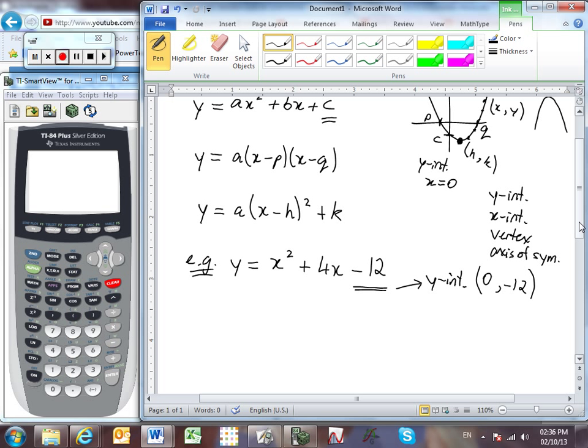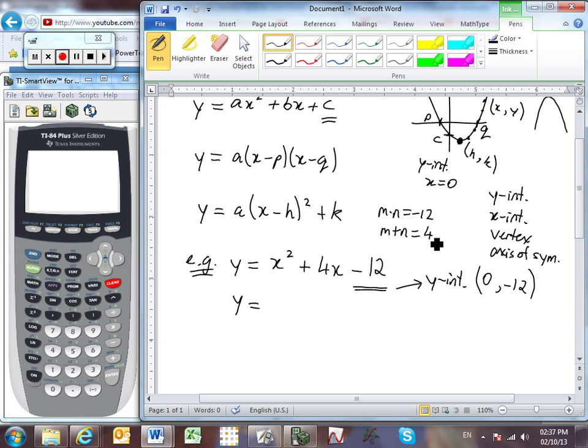Now in my second form, in order to find the x-intercepts, I've already got the y-intercept of negative 12. To find the x-intercepts, I want to express it in factored form. So let's factor. Because I've got a 1 in front of the x squared, this becomes a very easy trinomial to factor. I'm just looking for 2 numbers that will multiply to give negative 12, and meanwhile add to give positive 4.